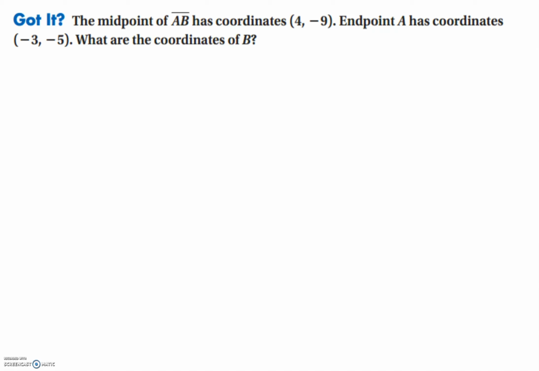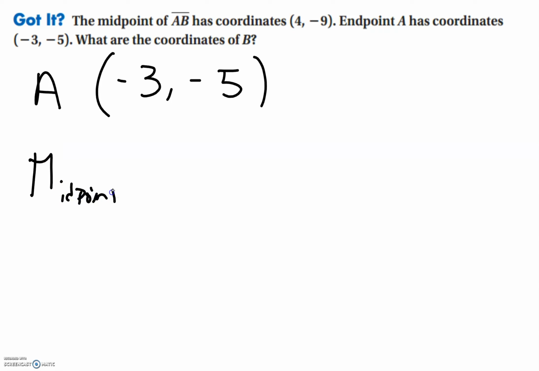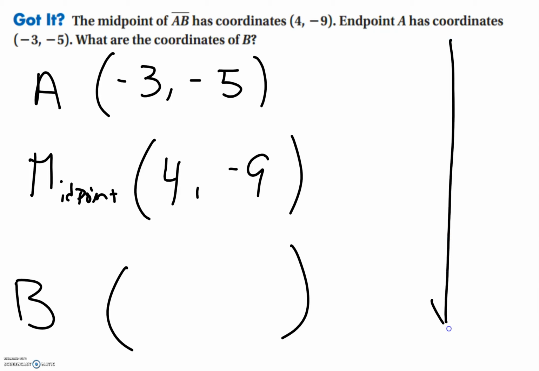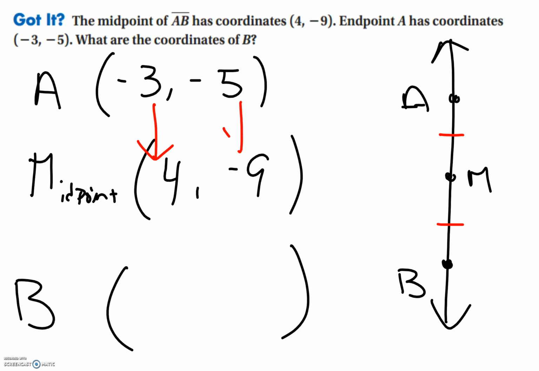Okay, so again, midpoint means middle, right? If I have an endpoint A at negative 3, negative 5, and a midpoint at 4, negative 9, I want to find the other endpoint, which is B. Think about a line: here's A, here's your midpoint, here's B. What you know about a midpoint is that it divides a line segment into two equal pieces. So the change in my x's and the change in my y's should be exactly the same.